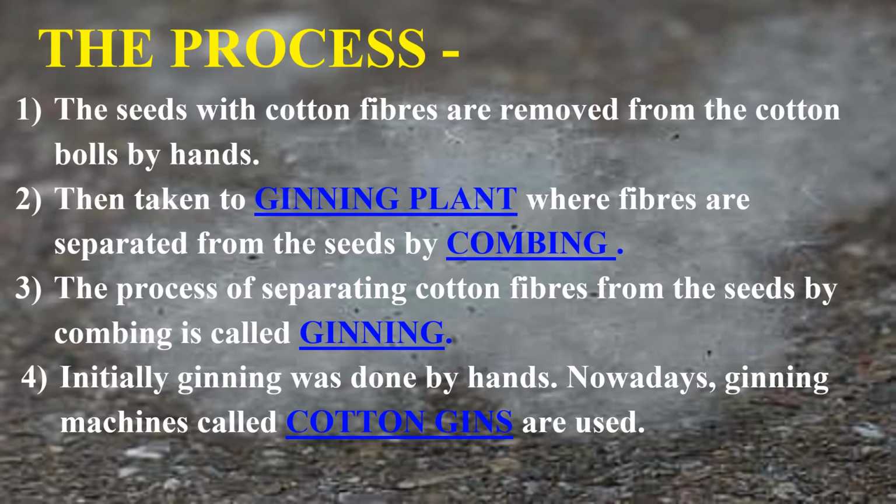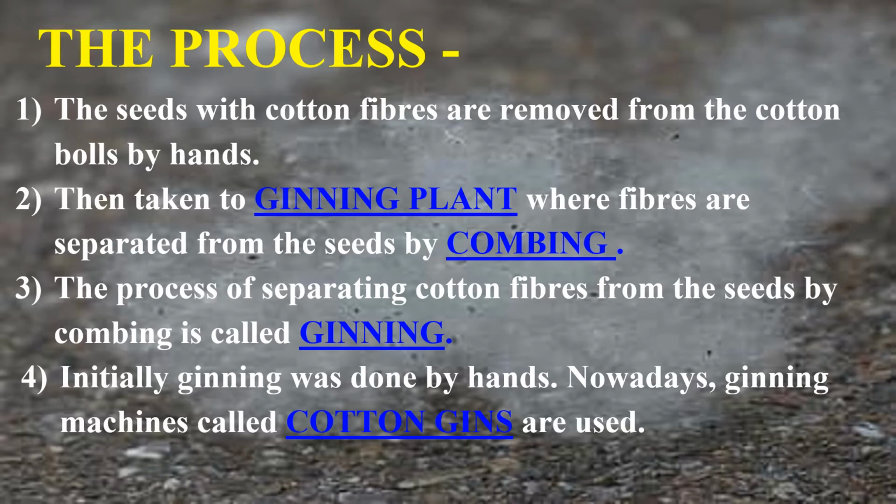Students, previously ginning was done by hand, but nowadays ginning machines are available which are called cotton gins. Cotton gin is a short form of cotton engine. It is a machine used to separate cotton fibers from seeds quickly and easily.